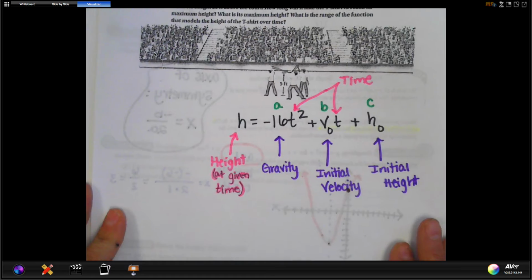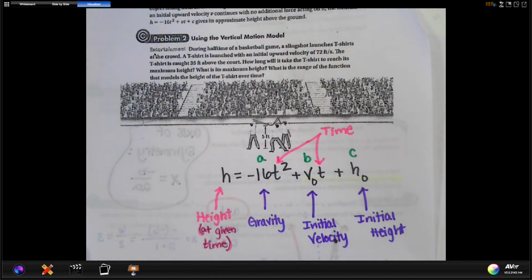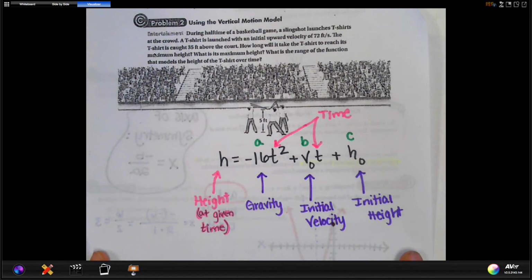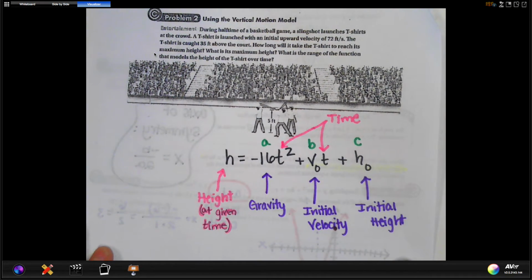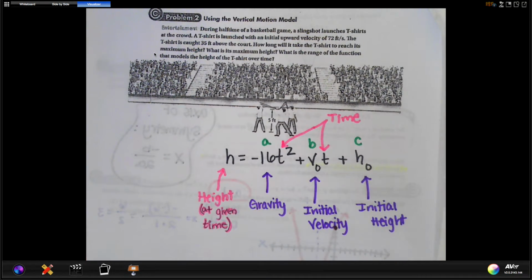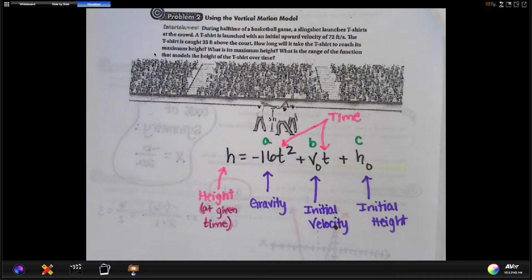Okay. So I have a whole thing for you guys to write down here, and I'm going to talk about it while you write it down, okay? So in the last lesson, we kind of talked about negative 16t squared plus the value of c. And that was giving us the height of something that's falling, right?